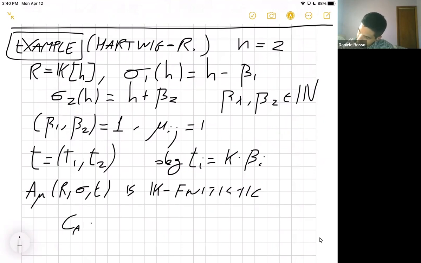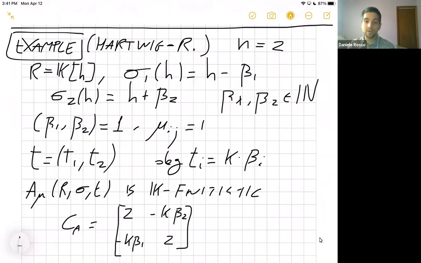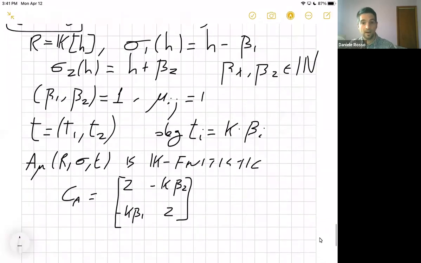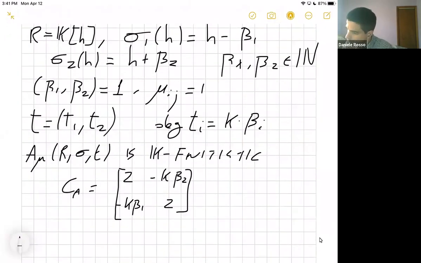And the Cartan matrix in this case is basically whatever you want in rank 2. It's going to be (2, minus k beta 2; minus k beta 1, 2). So with appropriate choices of beta 1, beta 2, you can get finite type, affine type, and whatever other rank 2 Cartan matrix you want.